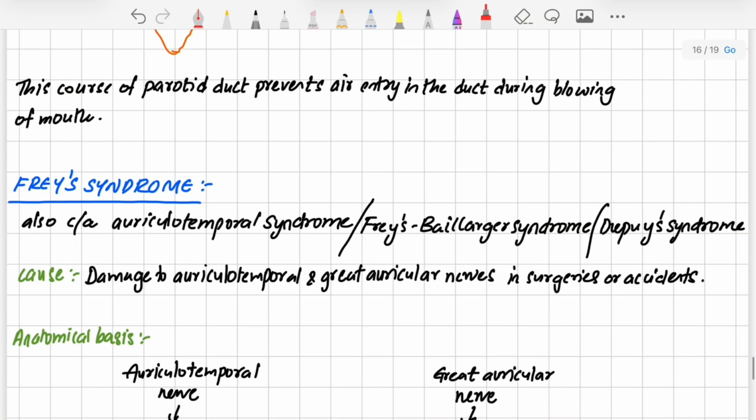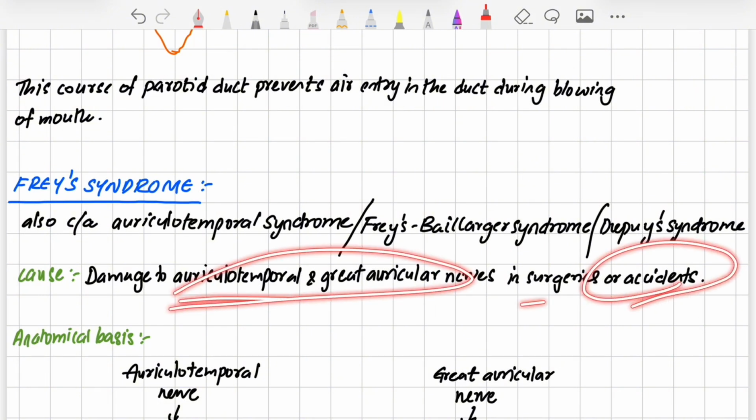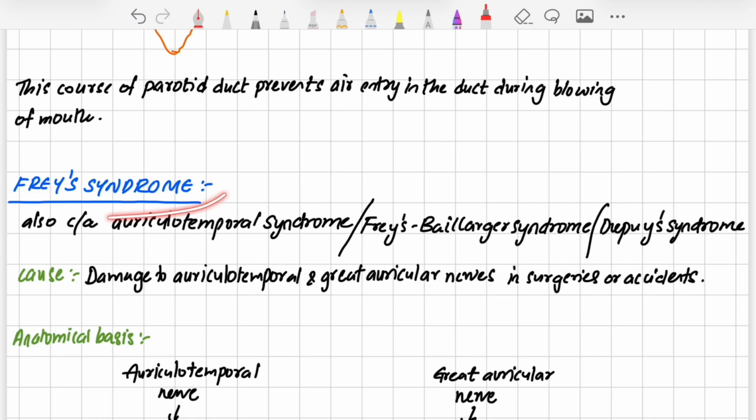Now clinically we have something called Frey's syndrome. Okay, this Frey's syndrome is also called auriculotemporal syndrome. So what is the cause of this clinical manifestation guys? So basically the cause is due to the damage of the auriculotemporal and great auricular nerves in surgeries or accidents. Okay, when they are performing the parotid surgeries, or when there is a trauma, Frey's syndrome can occur.